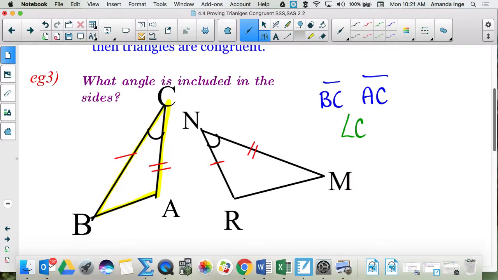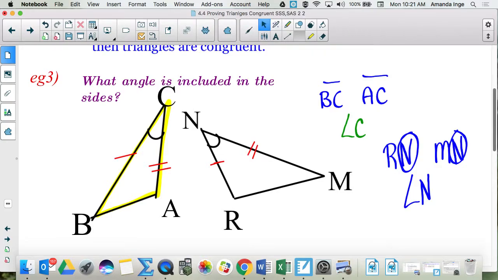And the other sides are RN and MN. So you see where the angle N is included in the sides.